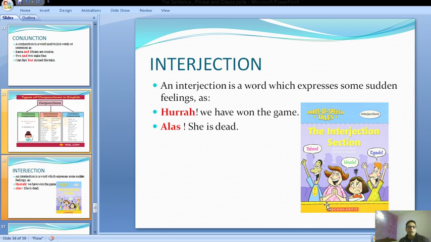We'll stop over here with the grammar part and come to something that is more interesting, and that is public speaking. Now for that, I'll minimize the slides and come on your screen as a full picture.